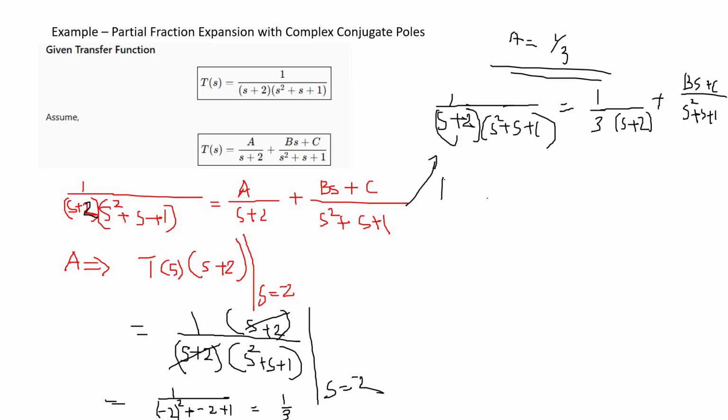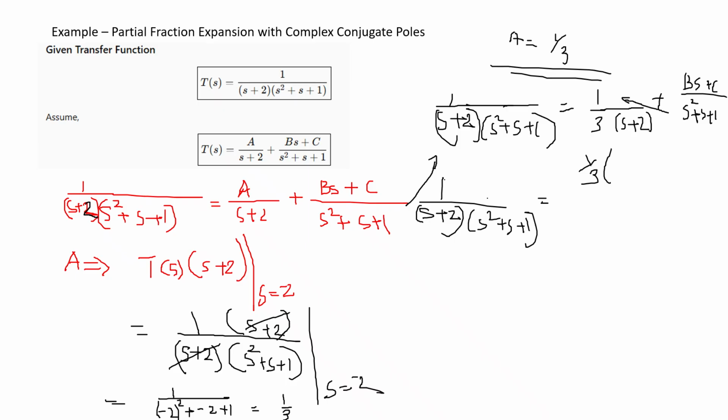This can be expanded as: s square plus s plus 1 is equal to 1 by 3, written in the numerator, and you take the LCM.